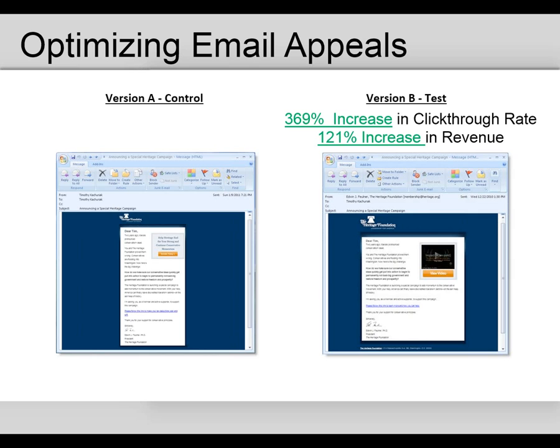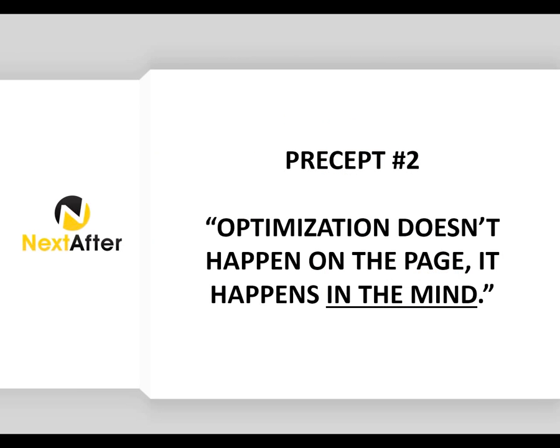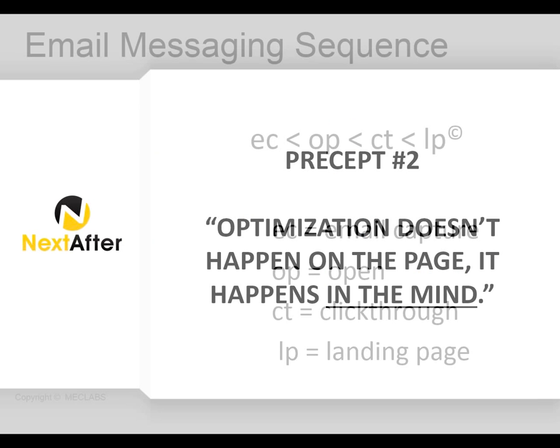If we believe what MECLABS says, that every time we're sending a communication, we're entering into a mental conversation with people, and that mental conversation is taking place in their mind. And we have to think about how we can optimize our message in a way that it connects with the thought sequences that are taking place in the mind of our constituent.